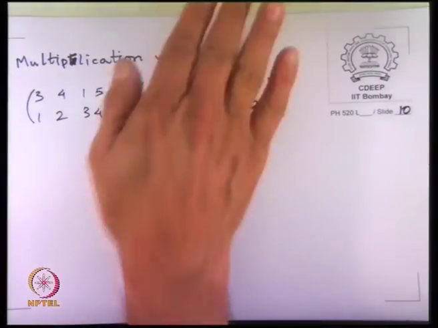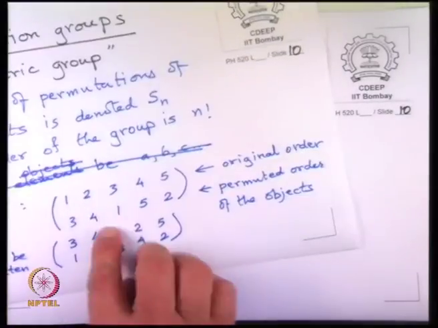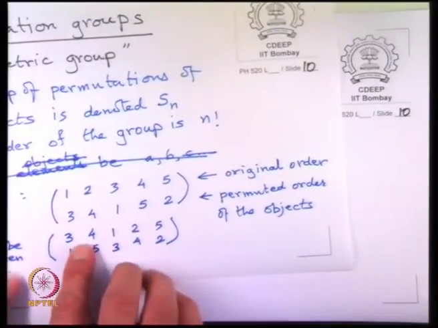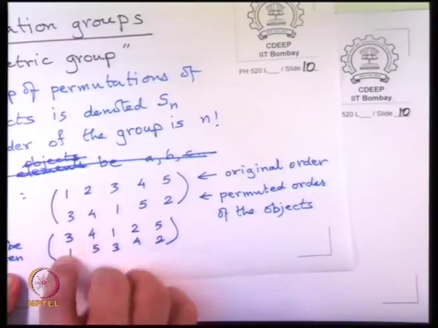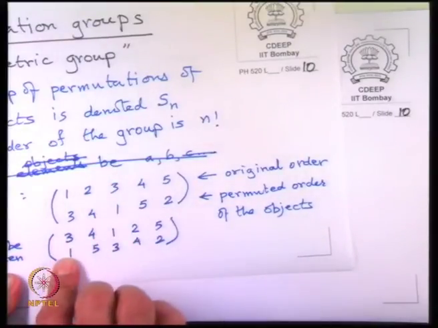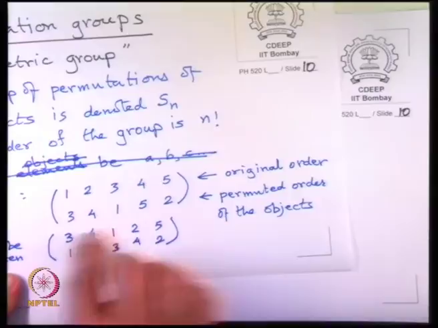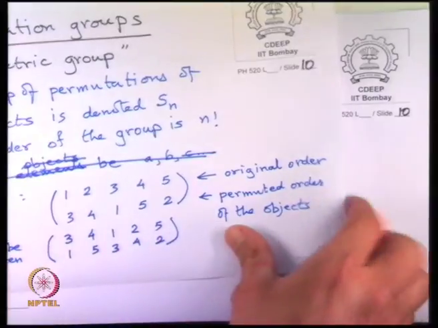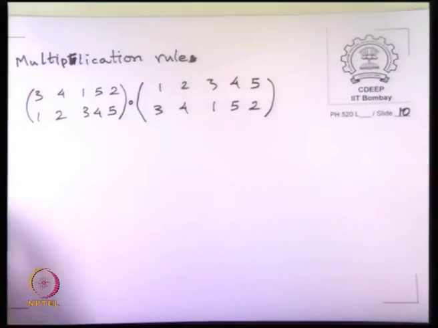Now, according to the comment we made, so long as it gives correctly that 3 goes to 1, it does not matter in which order I specify the permutation.